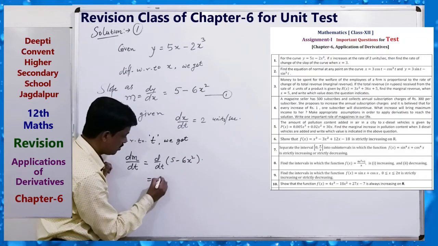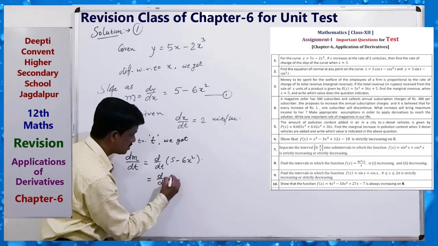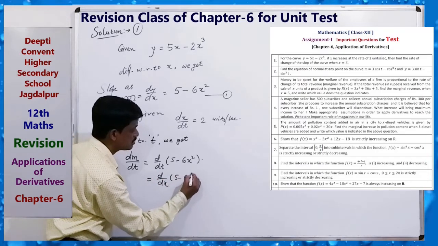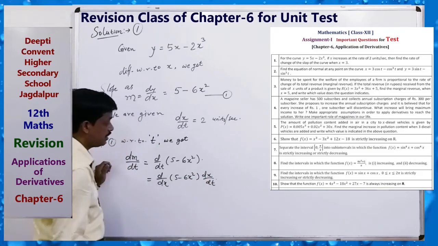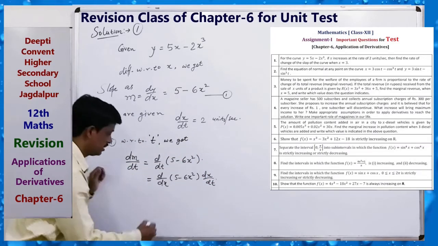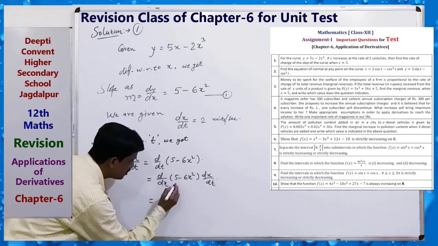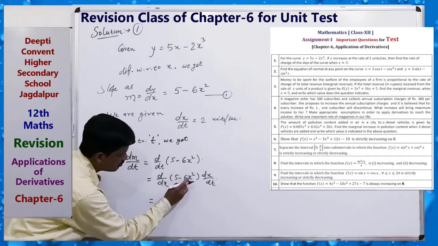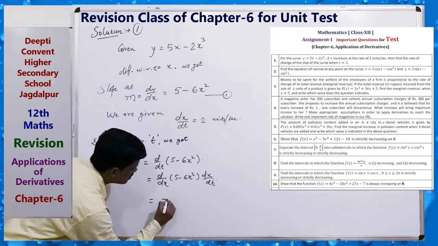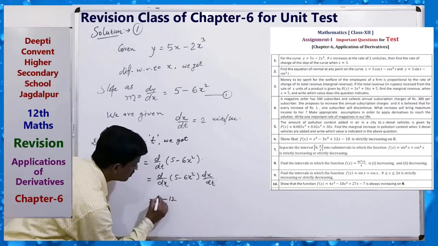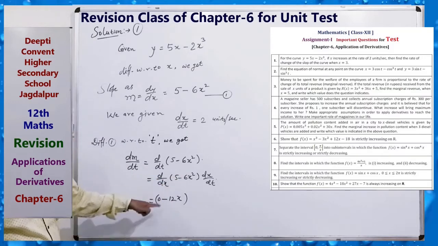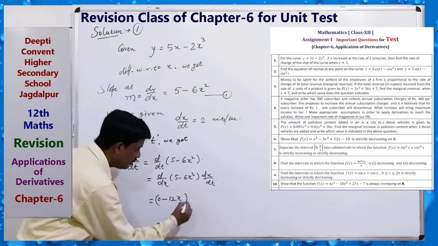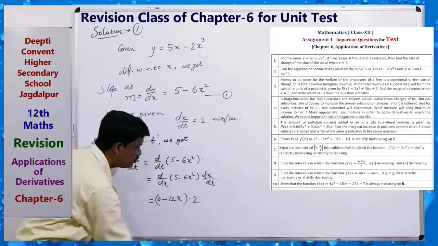We can write this as d by dx of 5 minus 6x square times dx by dt. Here dx by dt is given as 2 units per second. The derivative of this is 0 minus 12x, so minus 12x times dx by dt equals 2.